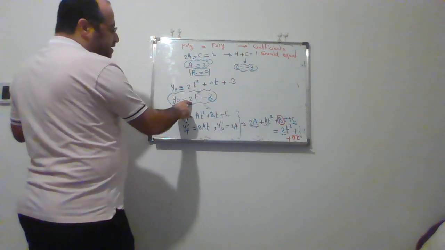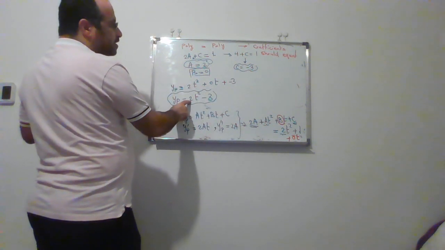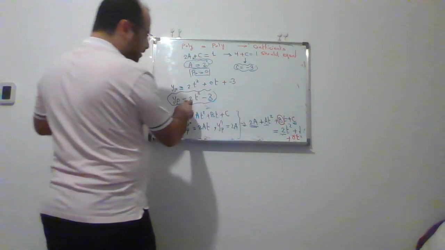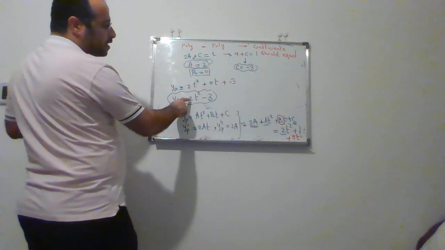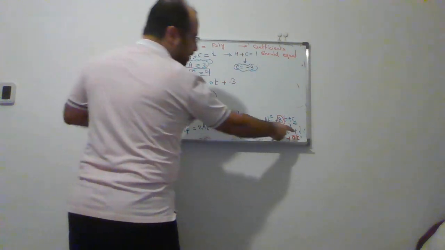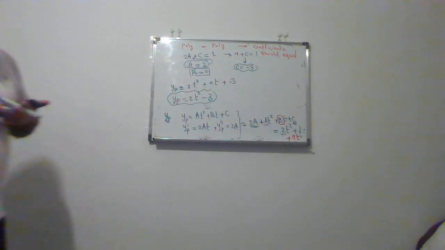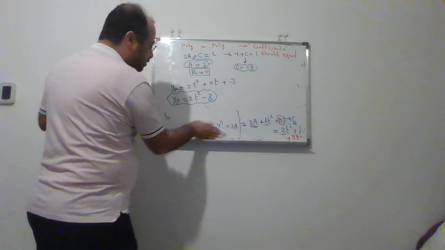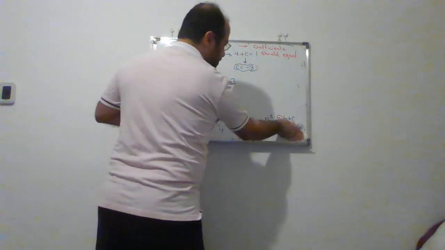It is by accident that for a I got the same thing. We have 2 there, and I got 2. This is by luck, and this is minus 3, it was 1 there. Now we have y particular and y homogeneous, then we are done.